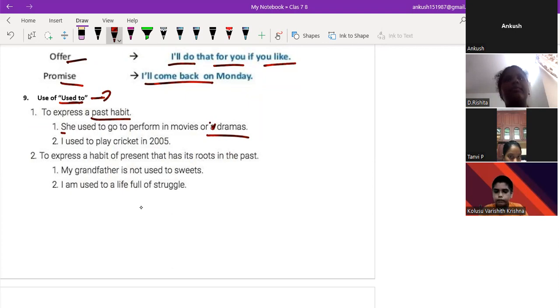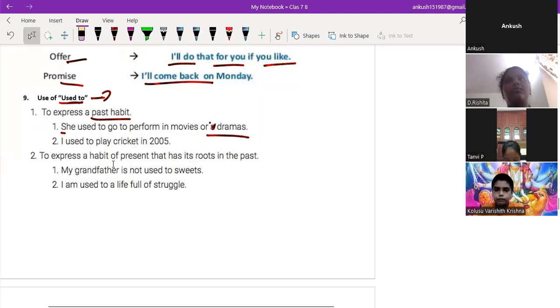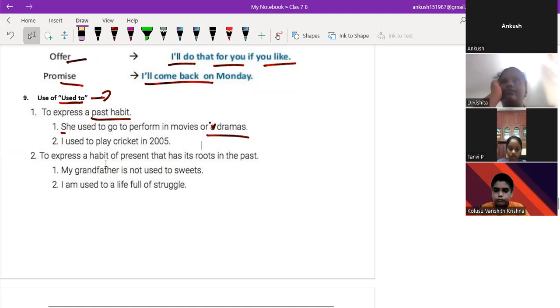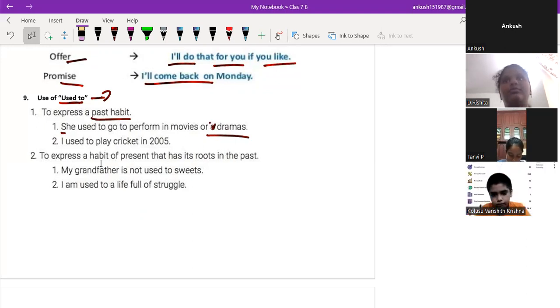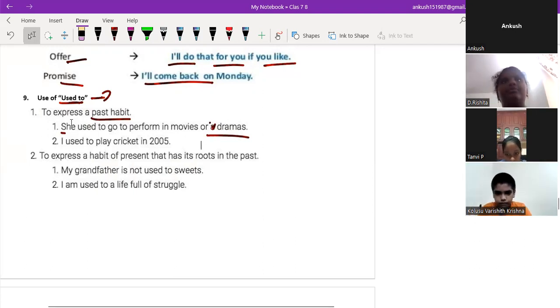For example, suppose whenever you were younger than now, whatever your age is now, you were younger than that, right? You were in first year, second year, third year, and then you reached this year. So some habit you might have had in the past when you were a small kid.